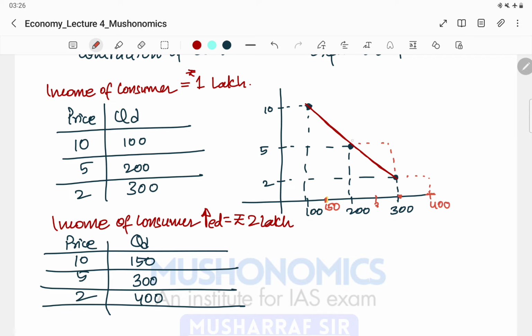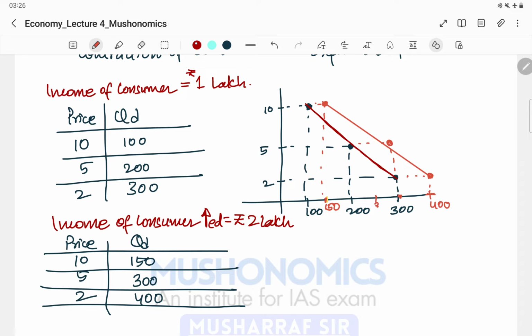So this point will become here, this point will become here. So this will be my new demand curve.